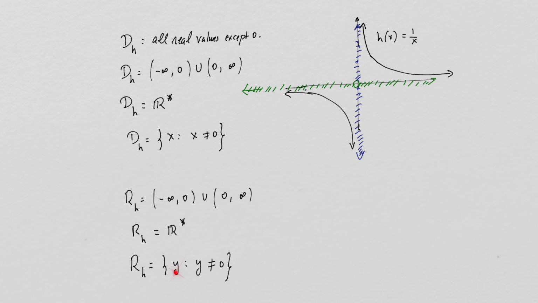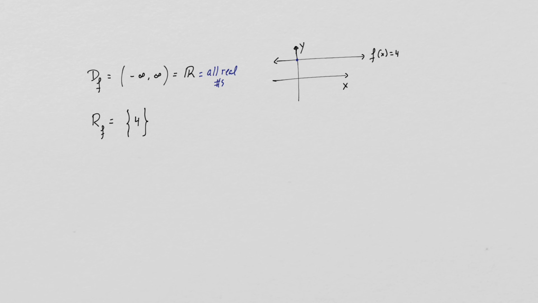So all y such that y is not 0, or R star, or exactly what I wrote here. Okay? Last one. This is the silliest, the easiest, and therefore perhaps the most confusing. Usually simple things in life are the hardest for people to grasp. So that's why I'm doing this.